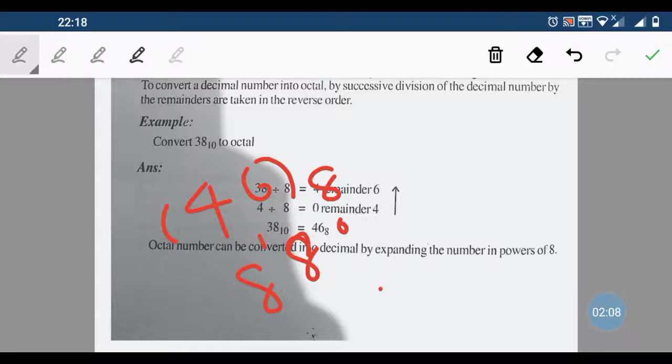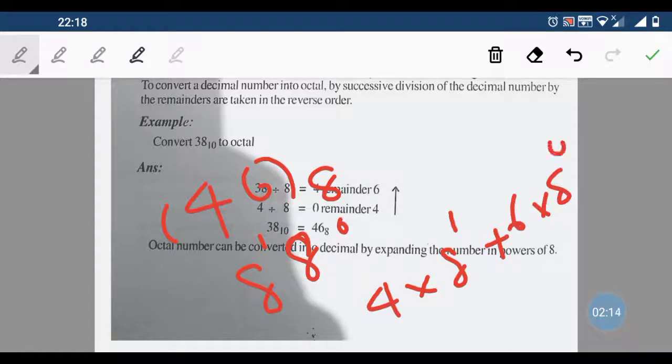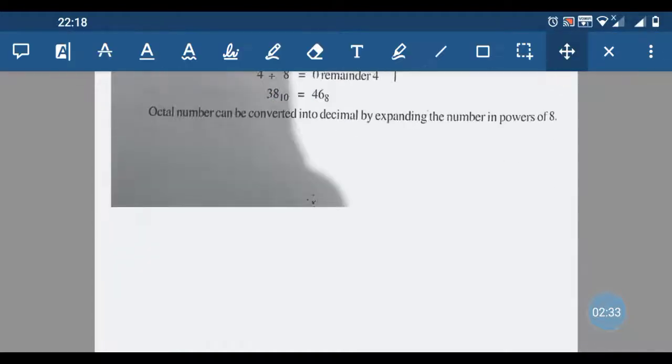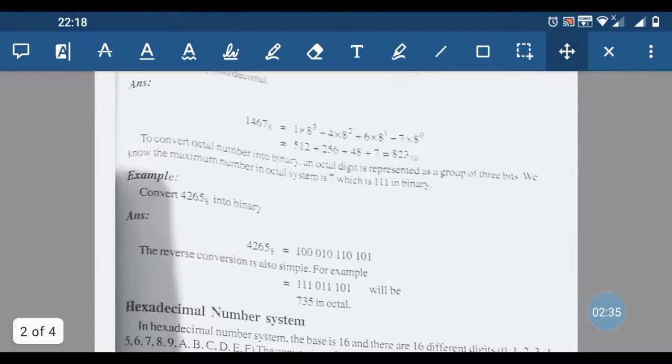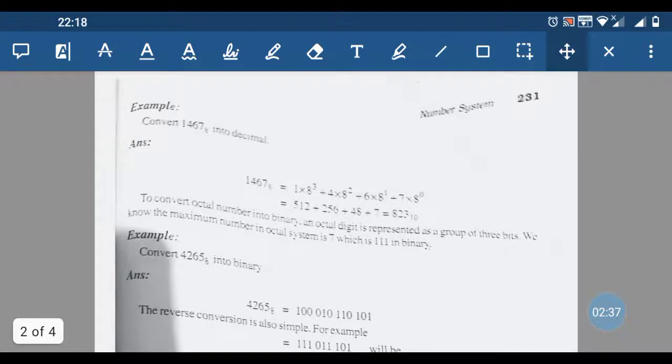So the total value is 4 into 8 raised to 1 plus 6 into 8 raised to 0, which is 32 plus 6, equal to 38. So 46 to the base 8 is equal to 38 to the base 10.